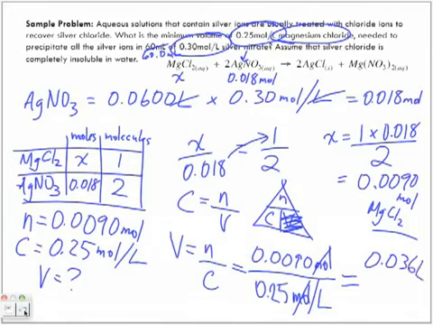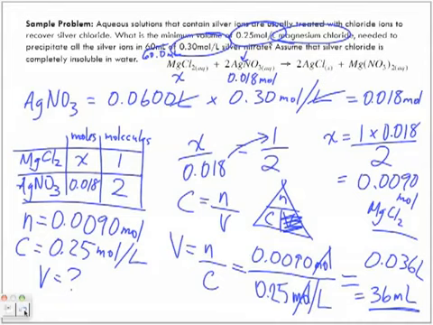But if we're looking at a measurement, if we're trying to put that in a graduated cylinder, we want to convert that to milliliters. I'm not going to mind if you don't do that on a test or even in an assignment. But think about it in terms of a lab experiment. That's easier to measure in a graduated cylinder: 36 milliliters.